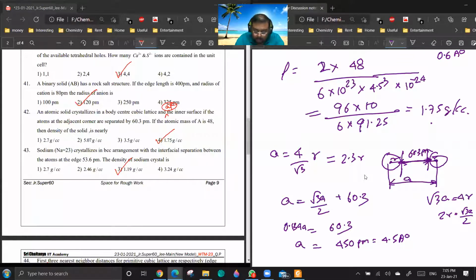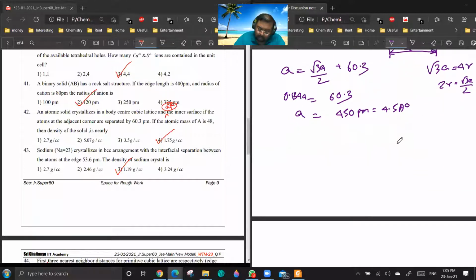The wordings are important in these type of questions. But everyone is getting this? Okay, 43. Again, interfacial separation between the atoms at the edge is 53.6.